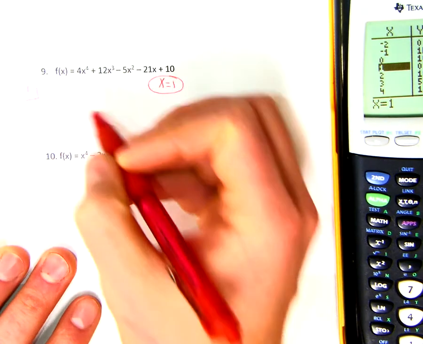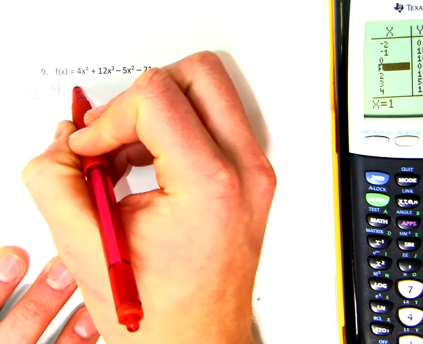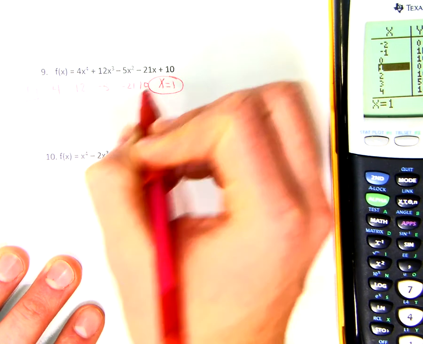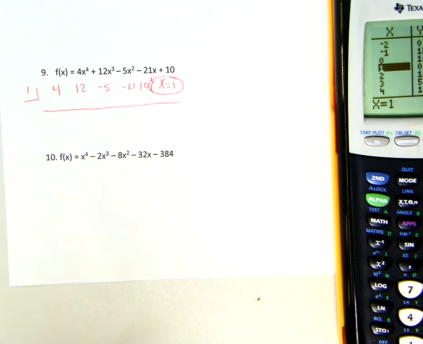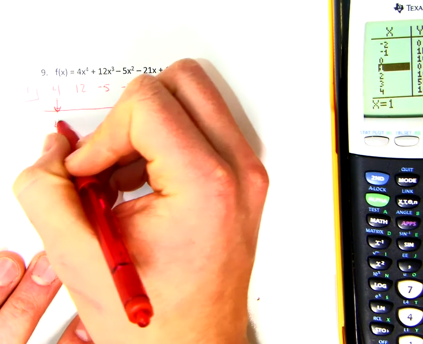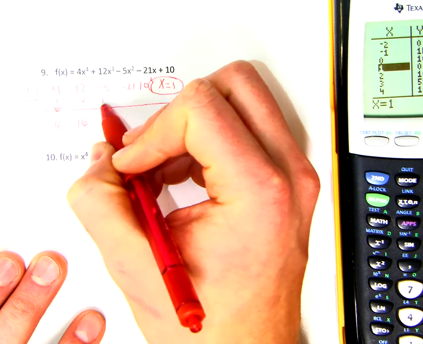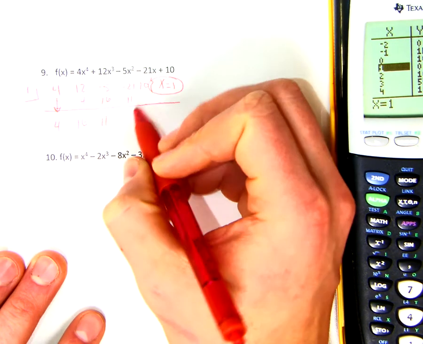Same steps as always. We have the 1 there. And then we have 4, 12, negative 5, negative 21, and 10. Again, it got a little crowded right here. Same steps now. Drop the 4 down. 4 times 1 is 4. 16. 16 times 1 is 16. 11 times 1 is 11.